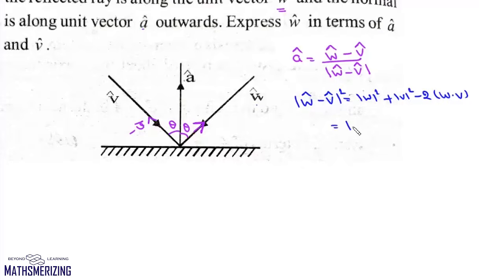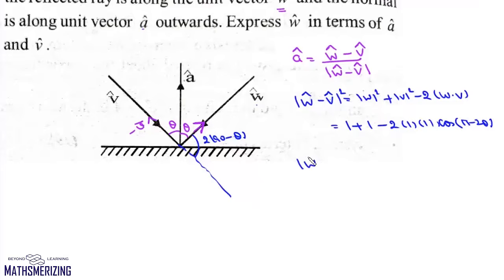Now since w and v are unit vectors, it will be 1 plus 1 minus 2 mod w mod v into cos of the angle between w and v. Now the angle between w and v will be this angle, and this angle is 2 times 90 minus theta. So it will be cos of 180 minus 2 theta, which is minus cos 2 theta.